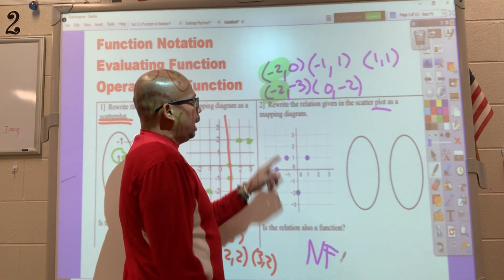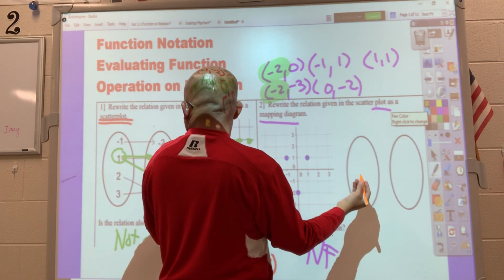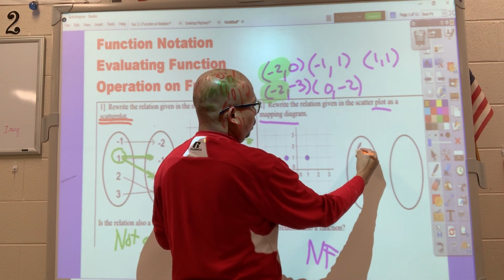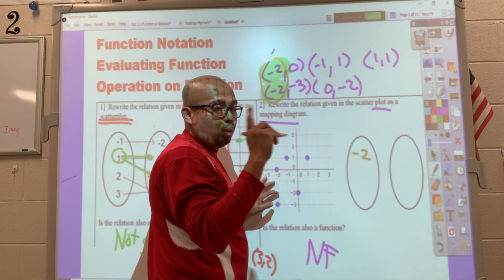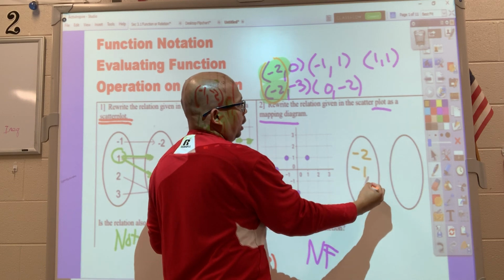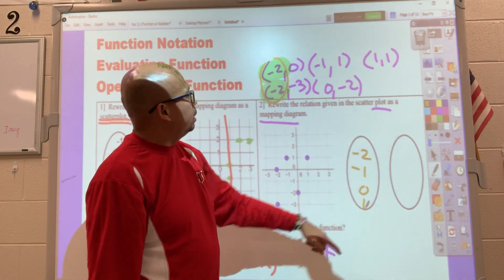Writing it in the mapping diagram, I can write here that -2 is the smallest number. I do not have to repeat it. You just have to write it only once. -1, 0, 1. If you notice, the order is from least to greatest.